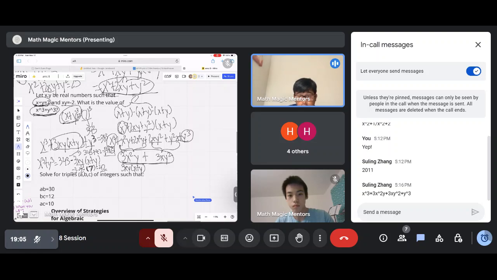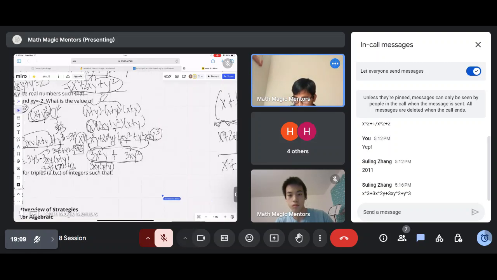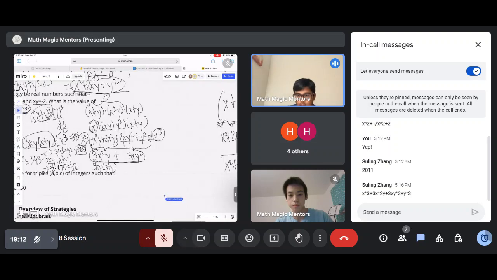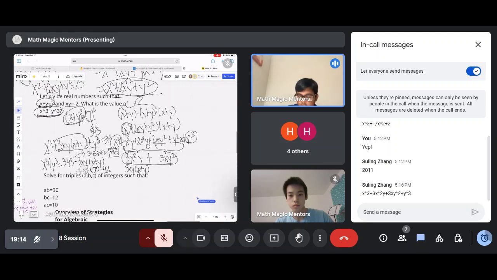And yeah, so this problem, obviously getting to the answer was one of the parts of the problem, but the most important thing about this problem is realizing or coming up with the identity that x plus y cubed is going to give you x cubed plus y cubed plus 3xy times x plus y.